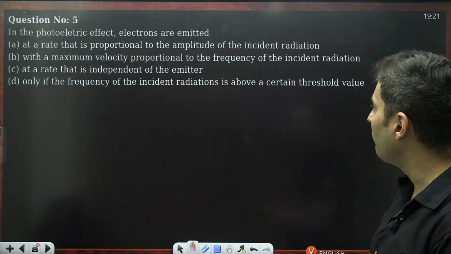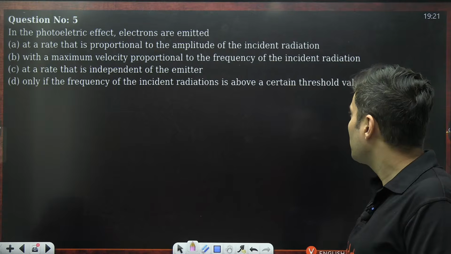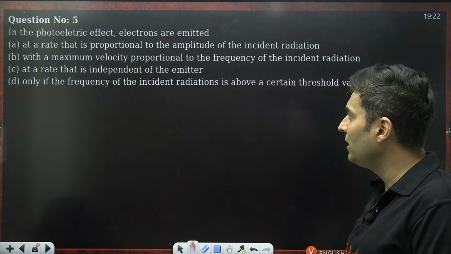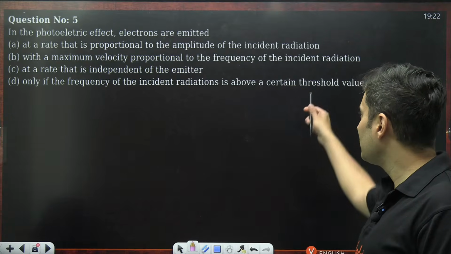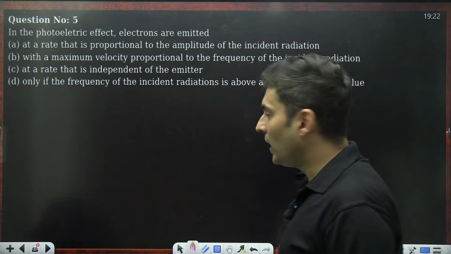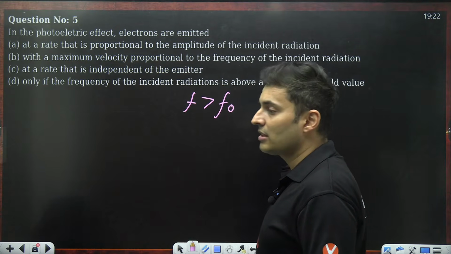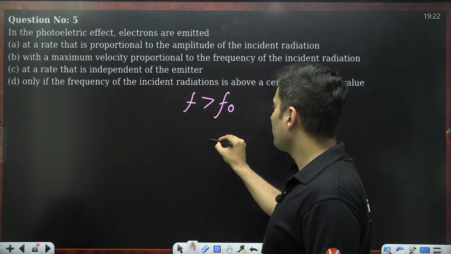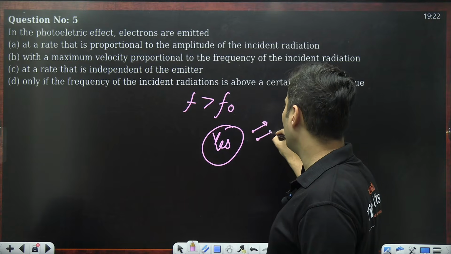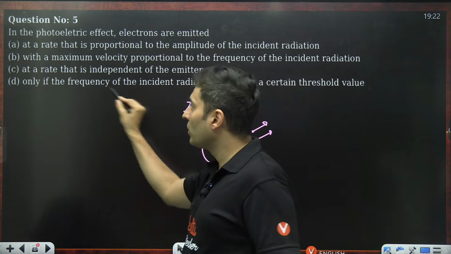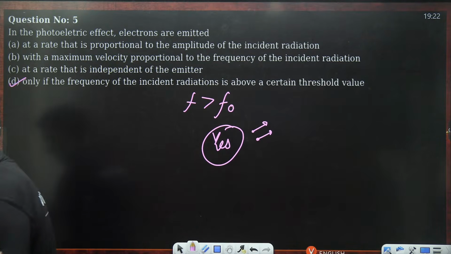At a rate that is proportional to the amplitude of the radiation, with a maximum velocity proportional to the frequency of the radiation, at a rate that is independent of the emitter, only if the frequency of the incident radiation is above the threshold value. So I think this is the right answer. If the frequency is more than the threshold frequency, only then will the photoelectric effect occur and you will see electrons coming out of it. So electrons are emitted only if the frequency is above that threshold frequency.